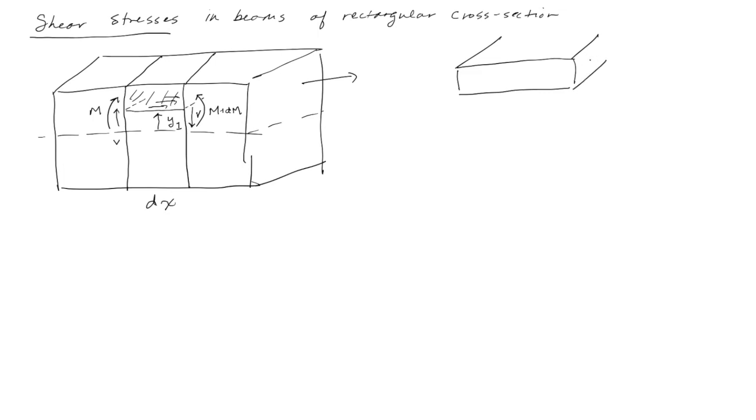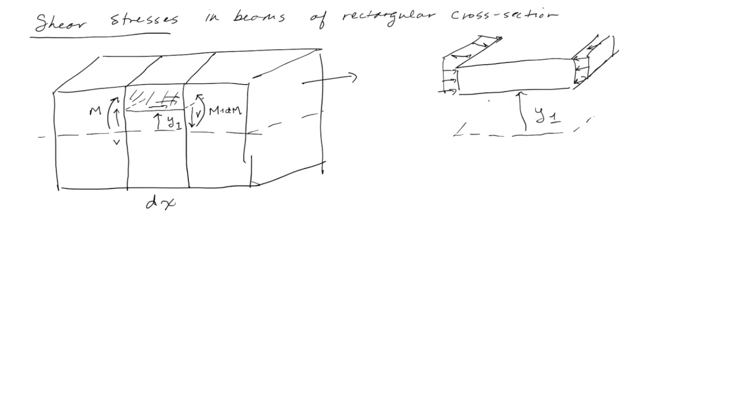We have some normal stress field acting on one face, and a normal stress field acting on the other face. And we have the neutral axis, and then this was y1.